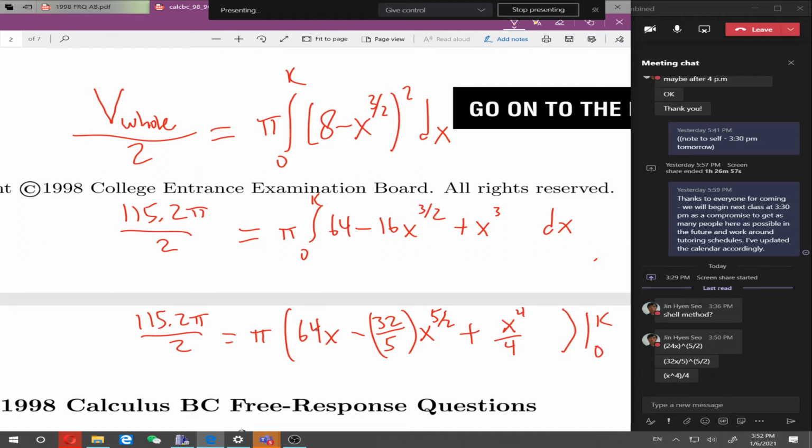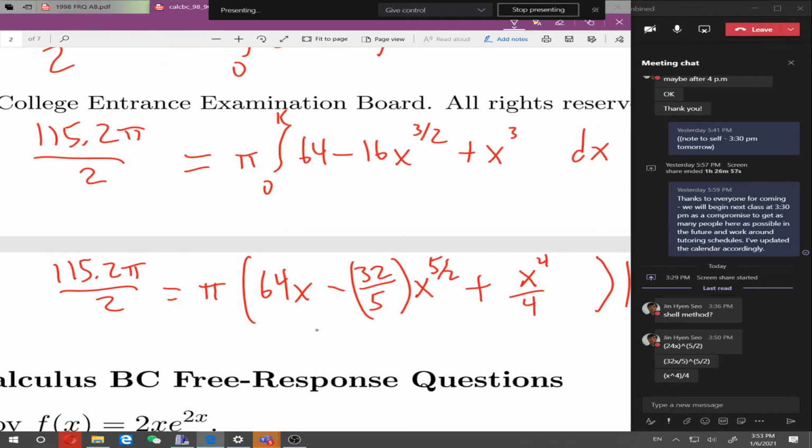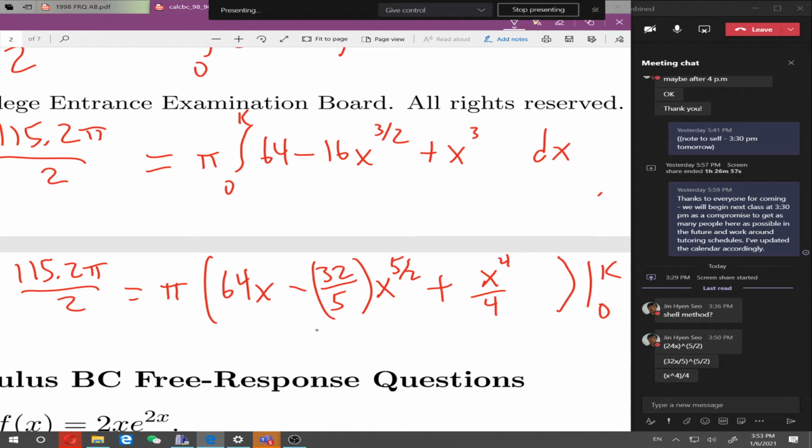So Kyle, I need to plug in my upper bound, subtract my lower bound. I can also take out our pi from both sides, since I've got that multiplying through everything on both sides. So for our next step, what's going to happen when we plug in our upper bound and subtract our lower bound for the right-hand side?